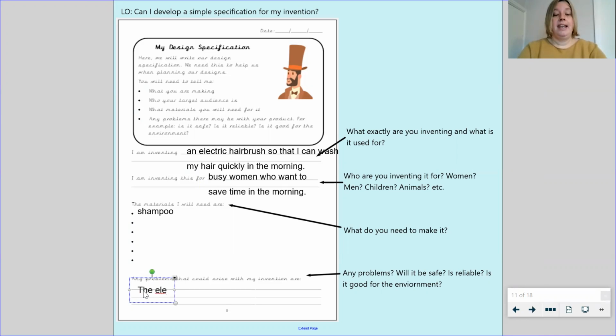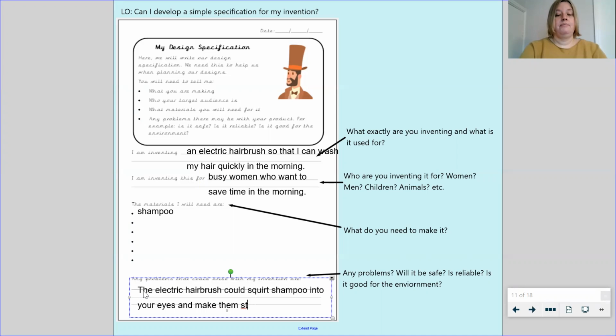The electric hairbrush could squirt shampoo into your eyes and make them sting.